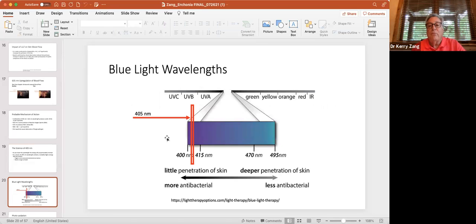So the lower the wavelength, less skin penetration, but more activity you have within the superficial layers. The higher wavelengths, the deeper the penetration down into the subcutaneous tissues, which you saw with the 635 wavelength.